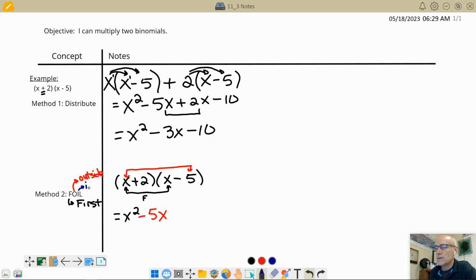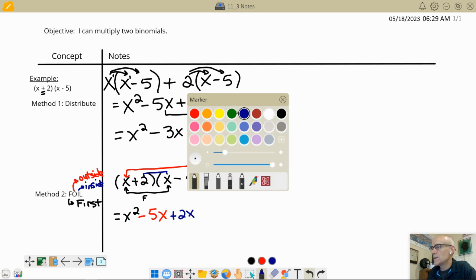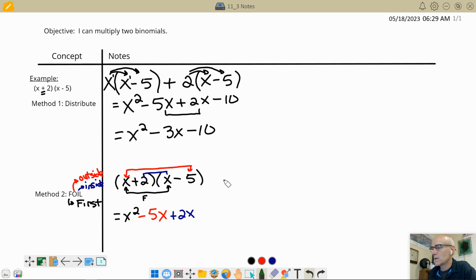Inside is these two guys right here. So now I've got positive 2x. I need another color. Hold on one second here. Let's grab the green if it lets me. Yes, it did. Nice. Okay, so the L stands for lasts. I'm going to multiply the lasts together. Okay, so that's these two. So I get 2 times negative 5 is negative 10.